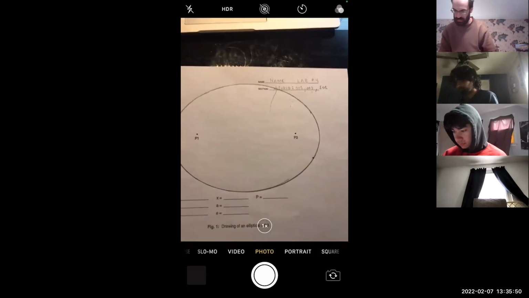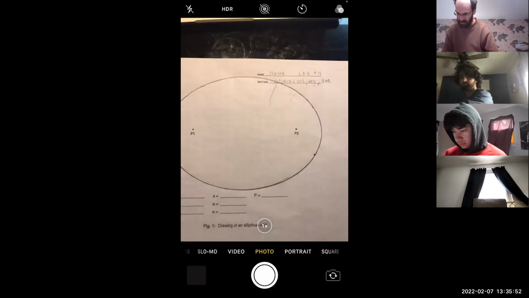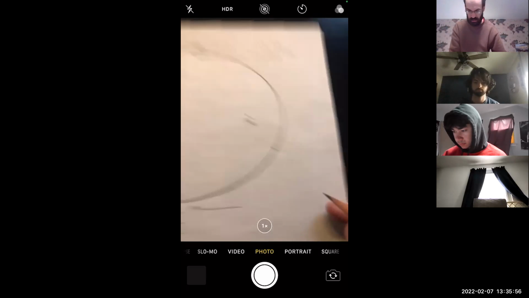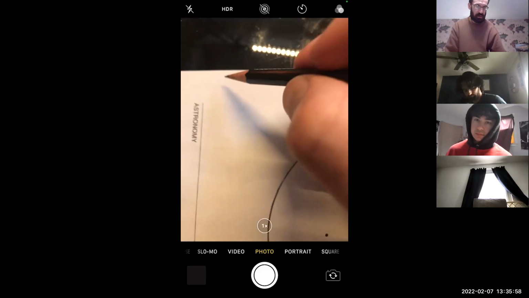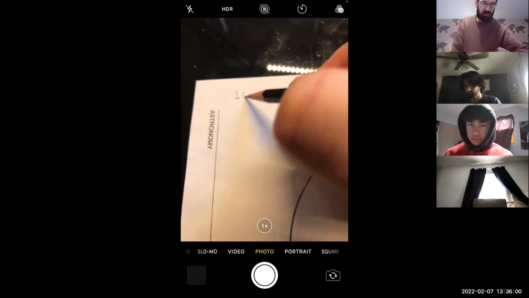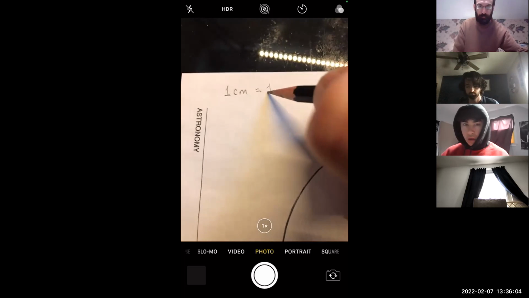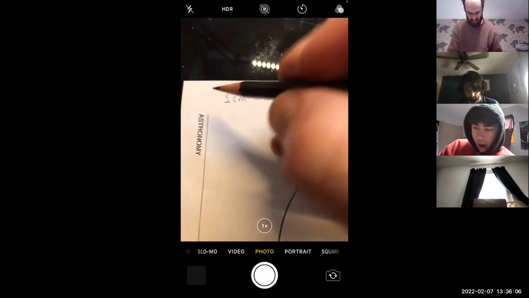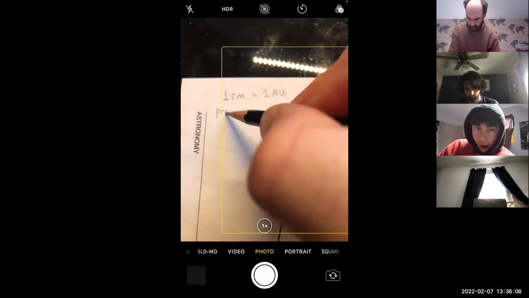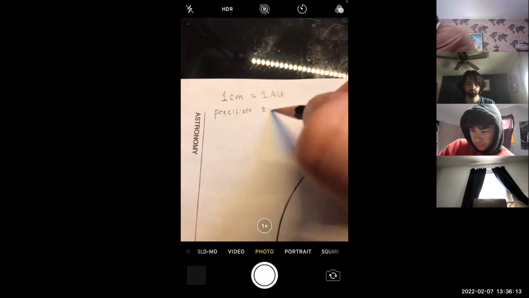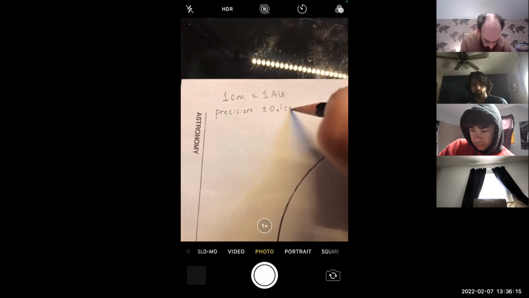Okay, now that hopefully people have some sort of an ellipse going, we are going to make a model of a planetary orbit. In our model of the solar system, 1 centimeter on the page is going to be equal to 1 astronomical unit. I want the precision of our measurements, the tolerance, to be plus or minus 1/10 of a centimeter.